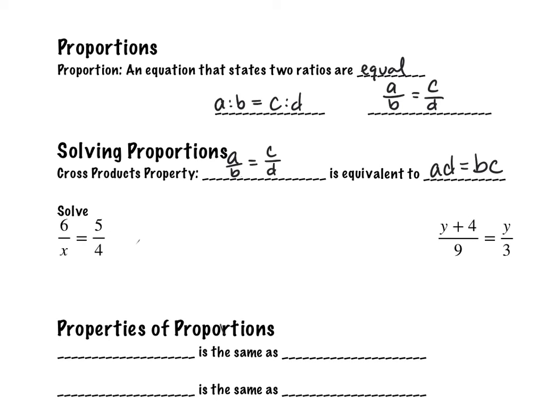So we're gonna look at a couple of examples here, right? So if I do like cross products, right, take 5 and x, multiply those, 6 and 4, multiply those, so you get 5x equals 24.